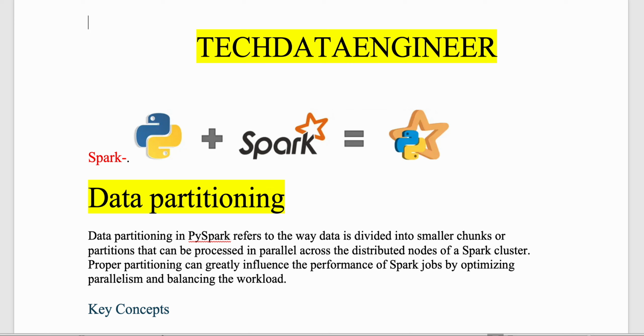We have already seen that a partition is nothing but a chunk of data. Suppose we have a 1 GB file and we take 250 MB chunks and keep 4 partitions, so that it is processed by 4 nodes. That would be much easier.